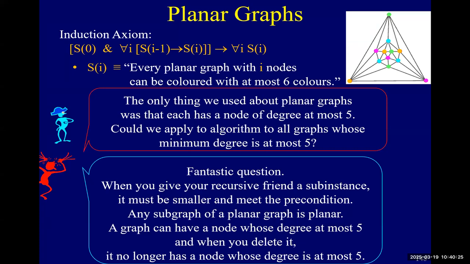In fact, let's make this the complete graph. How many colors do you need to color the complete graph? Every node needs its own color, right? Because every node is connected to every other node. Every node here needs its own color.